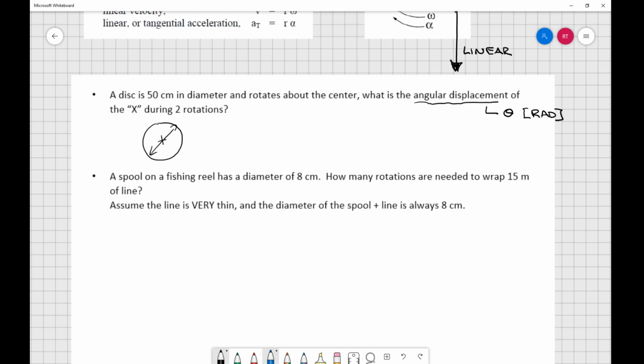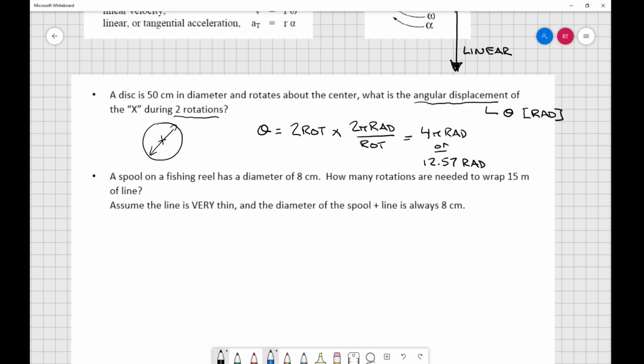All we care about is that we've done 2 rotations. Theta in radians is 2 rotations, but that's not the right units, so I convert: times 2 pi radians per rotation, which equals 4 pi radians, or 12.57 radians if I work out what pi is.